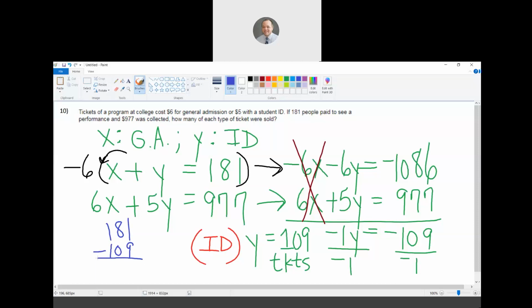So just subtract 109 from 181 to get the general admission. So there were 72 general admission tickets bought.